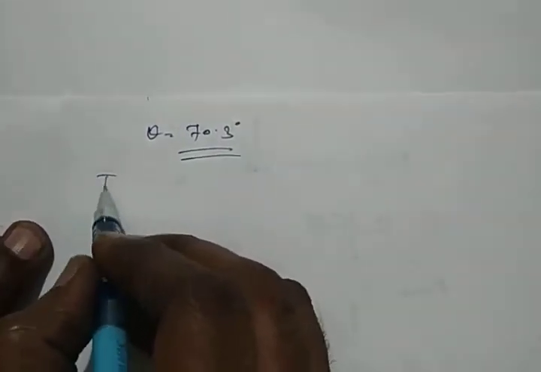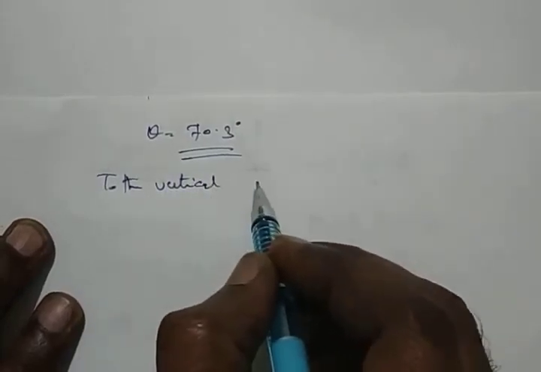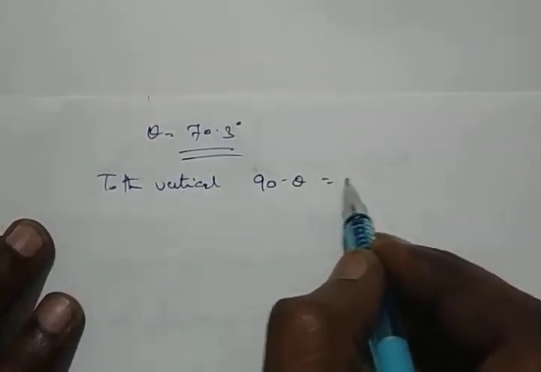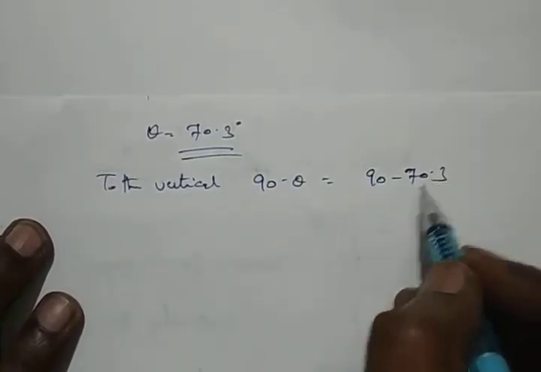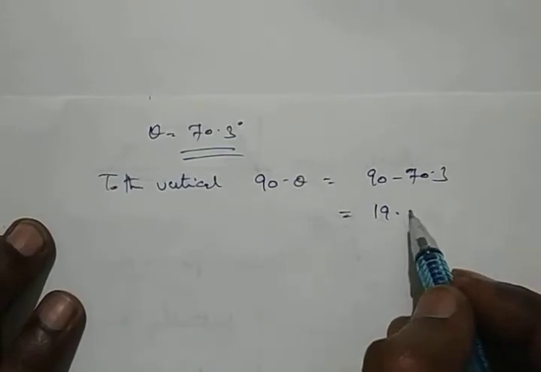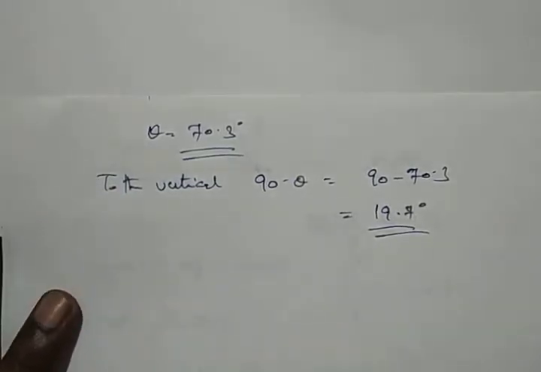So to the vertical, it is going to be equal to 90 minus theta. It is 90 minus 70.3, so that's going to be equal to 19.7 degrees as the answer. That is the value here.